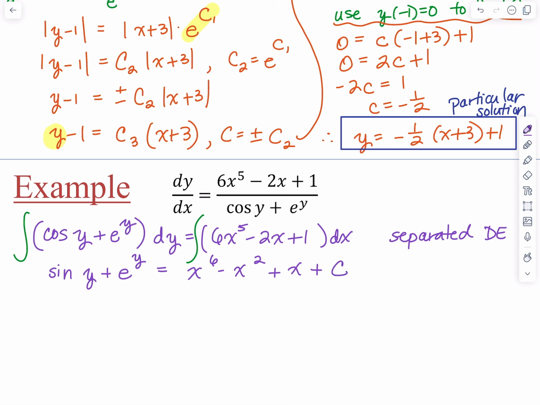Now, as you can see here, we cannot solve for y. So consequently, we will have an implicit solution here.